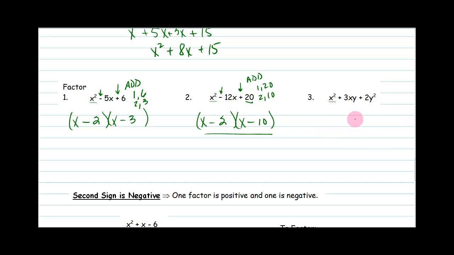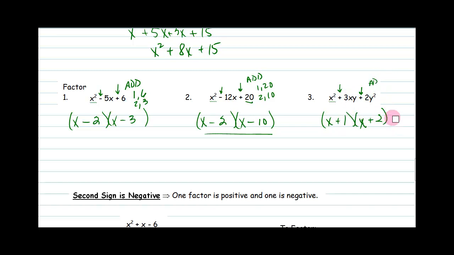Okay, let's practice this one more time. Here I know this will factor into an x and an x. My second sign is positive, so they'll be the same, and my first sign is positive, so they're both going to be positives. Now I want to ask, what are the factors of 2 that are going to give me 3? Well, that's 1 and 2, because I'm adding.